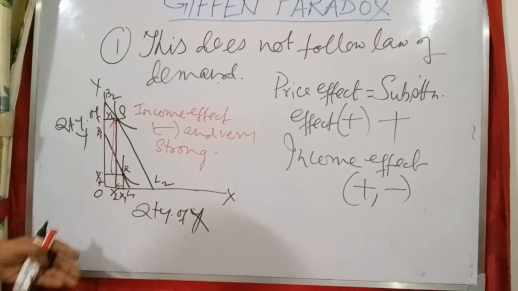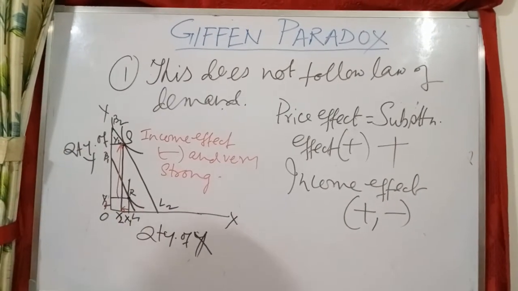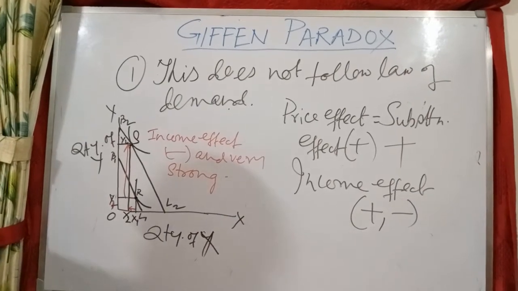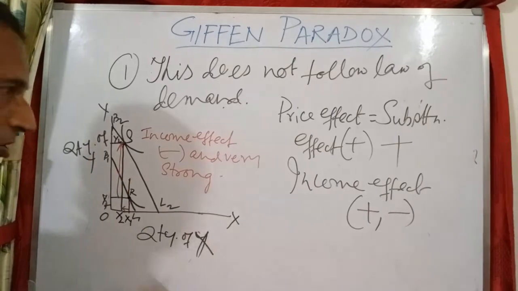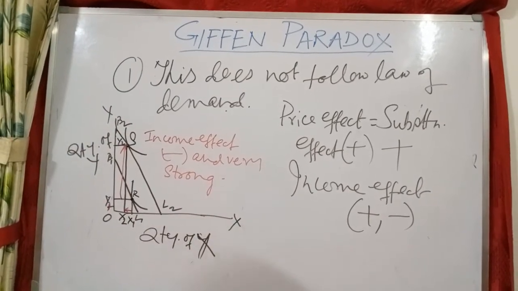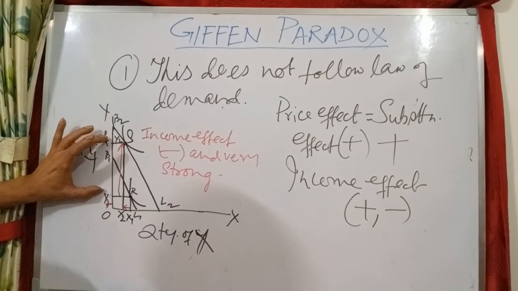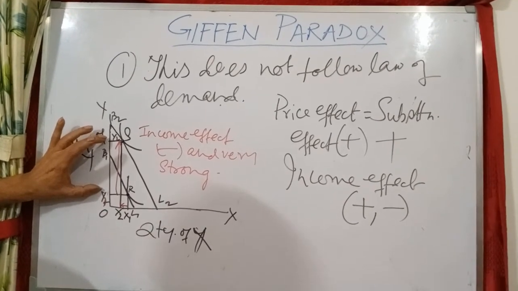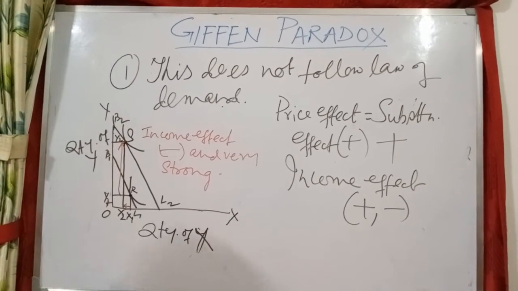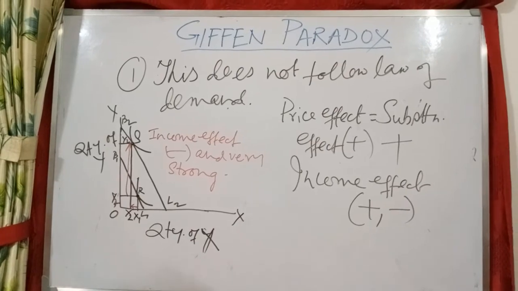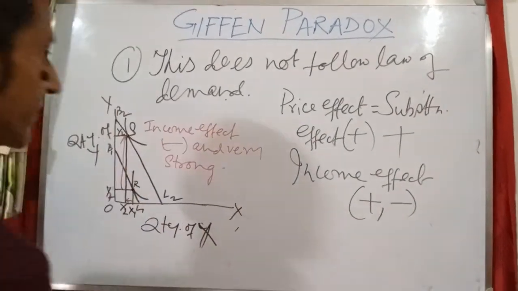So in this case, although the substitution effect is pushing the consumer to purchase more of X, his income effect is so strong and is influencing the consumer to buy too much of Y, so that the money left can be used to purchase only this much of X. Okay, income effect is negative and very strong. Substitution effect is very weak.